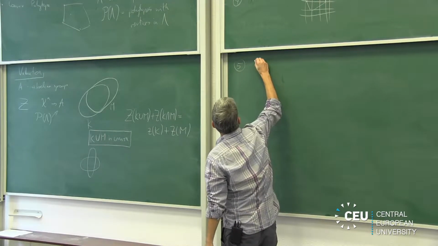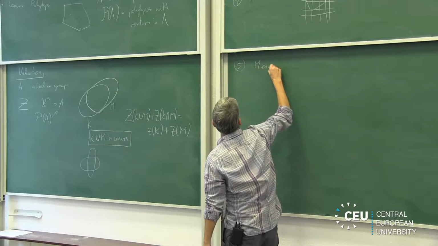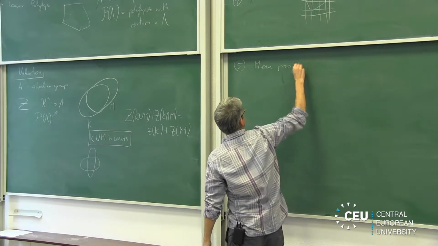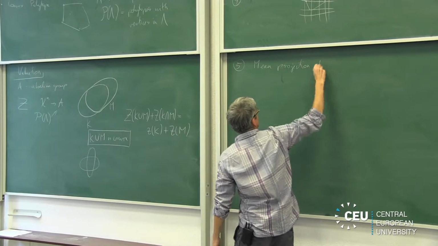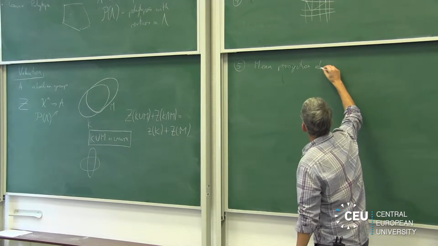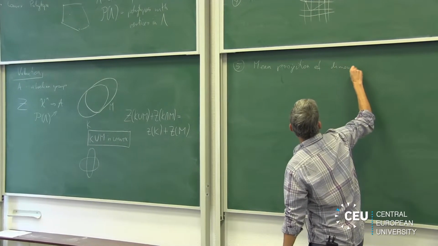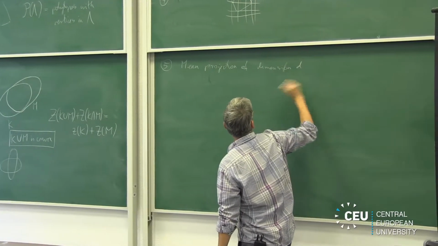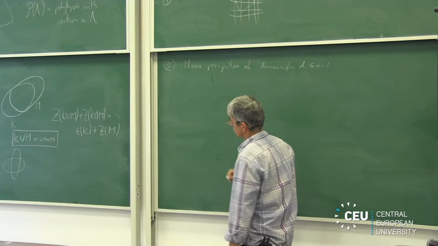They would go by the name mean projection of dimension D. It's at most n minus 1.